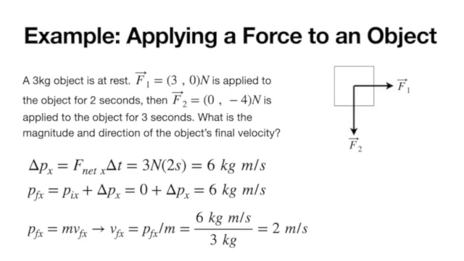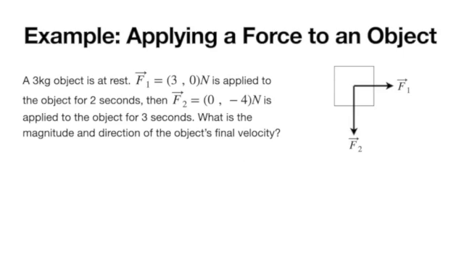If I apply the same impulse to a tiny object, it's going to make it go a lot faster. If this was a huge mass, if this was 3 tons, then this would be a tiny speed. If I apply that same impulse to a huge object, it's just not going to move as fast. So we can see physically how the mass affects things. But anyway, our takeaway is final x velocity, 2 meters per second.